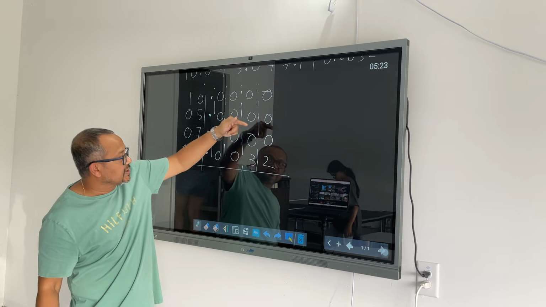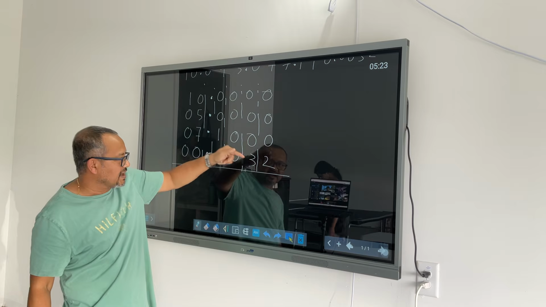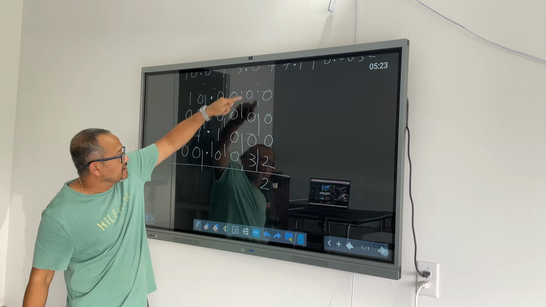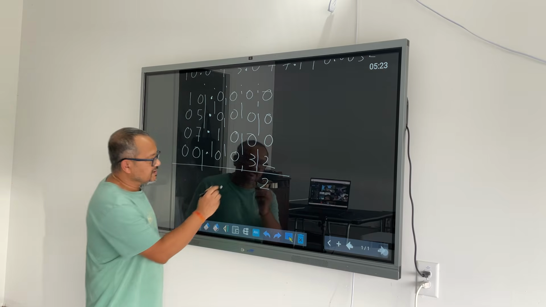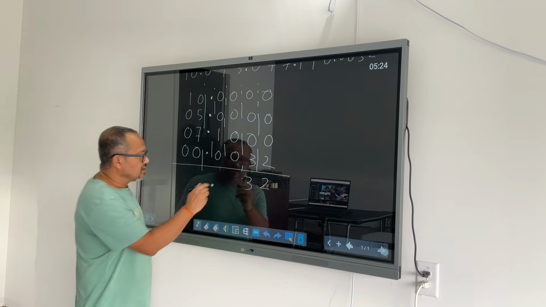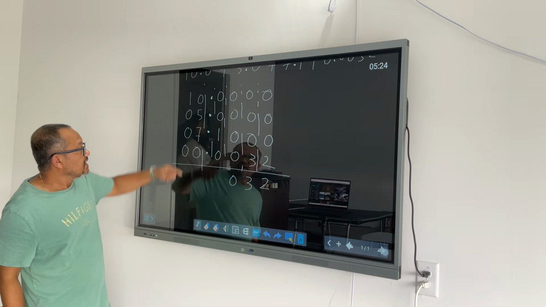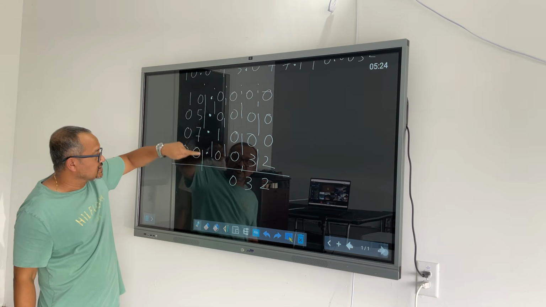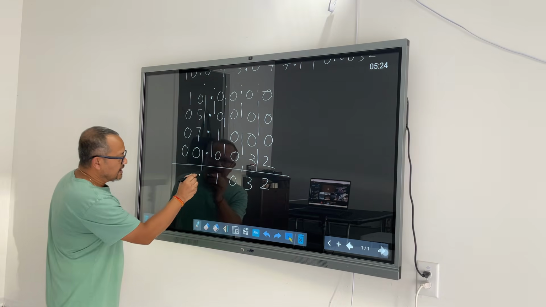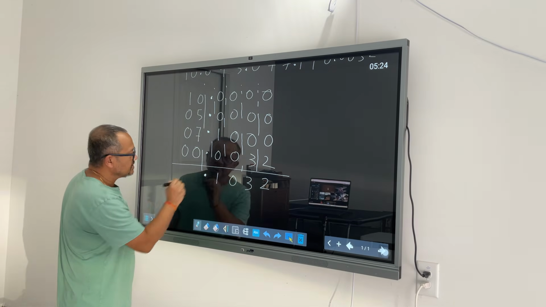0 plus 0 plus 0, that's 0. And then add a 2. So 0 plus 2 gives me a 2. Again 0 plus 0 plus 0 plus 3 gives me a 3. 0 plus 0 plus 0 plus 0, all zeros. 0 plus 0 plus 1 plus 0, only 1. And then I will put the decimal here.